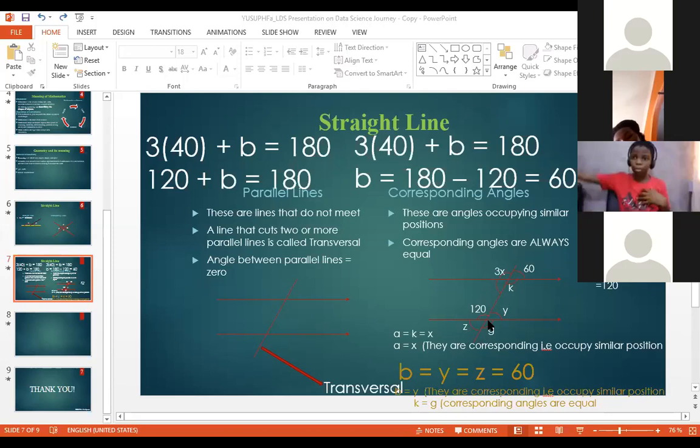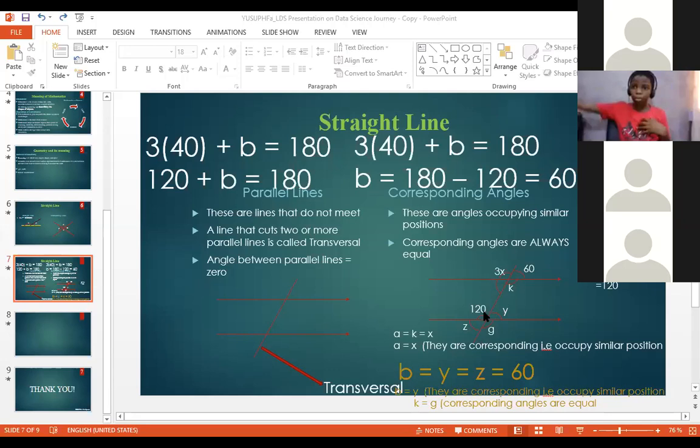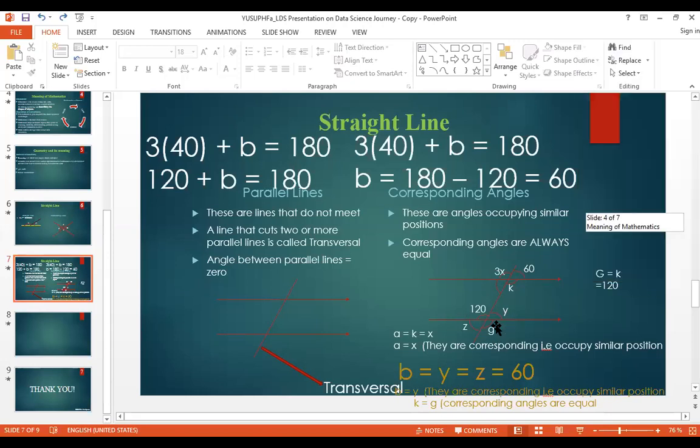We have 60, K, Y, and G. Actually, I was asking about these lower ones, okay? So that's Y and G. Or if I'm considering the upper one, that would be 60 and K. Is that fine?